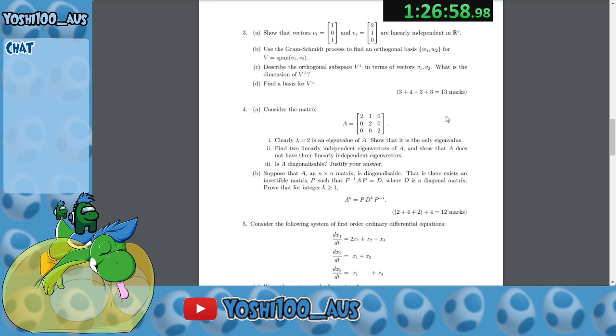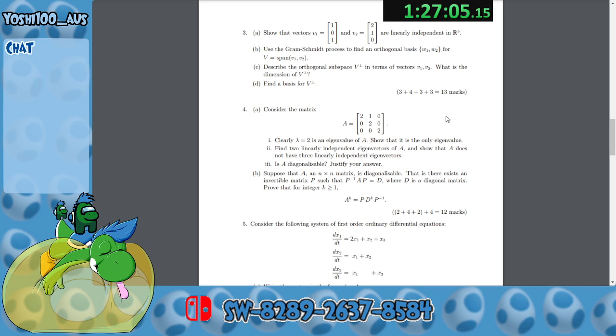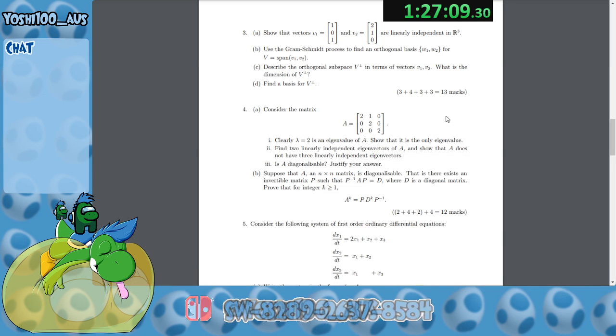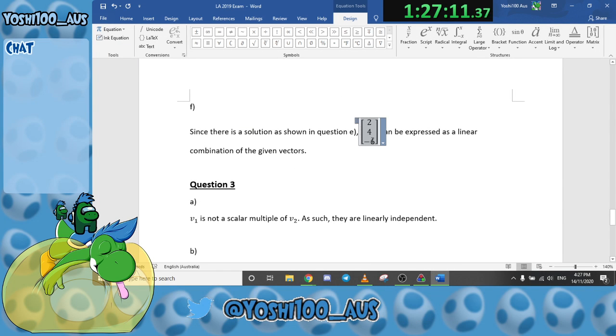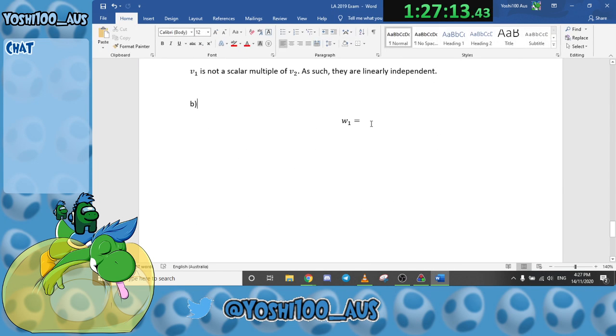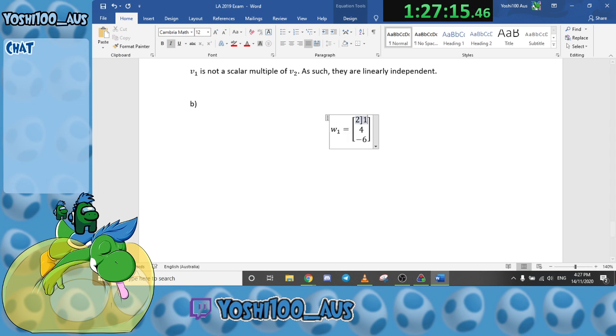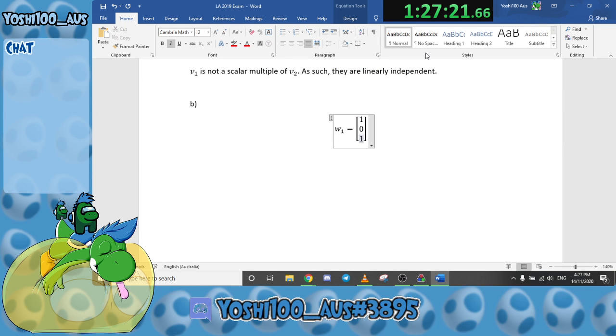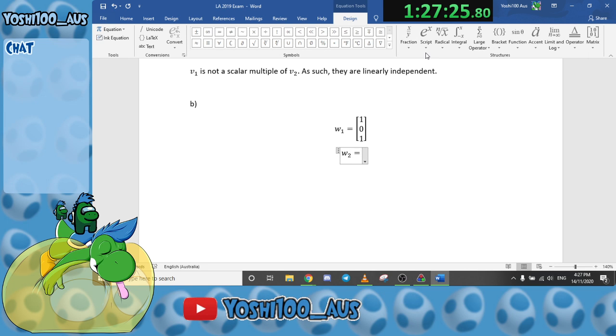Do I want to? I don't really want to. Let's set W1 equals 1, 0, 1. Let's copy this so I can just have a thing to work with. W2 equals... Oh, I don't remember this formula.